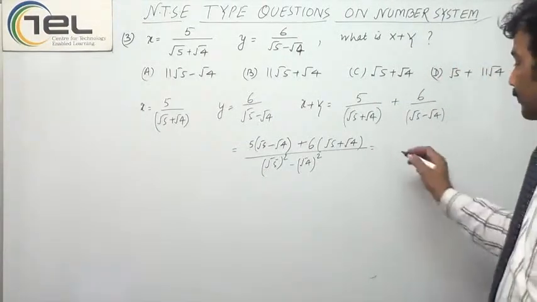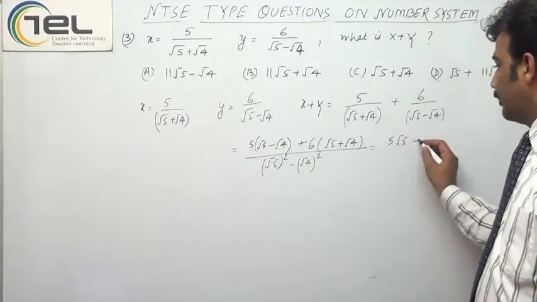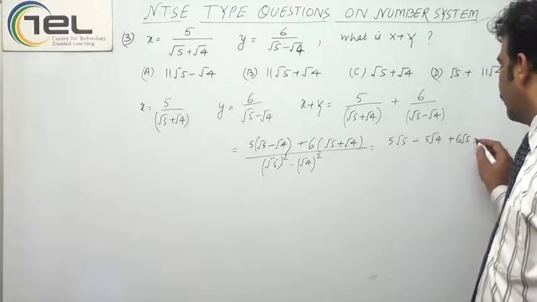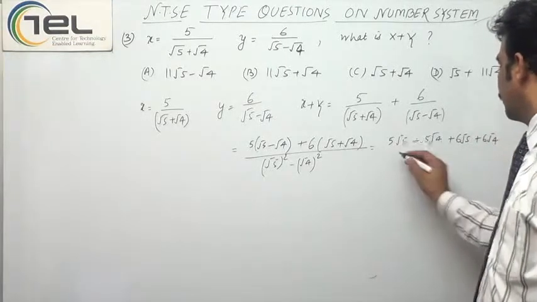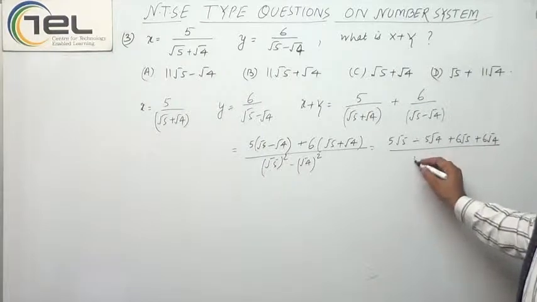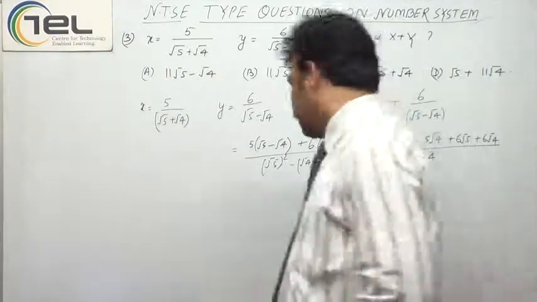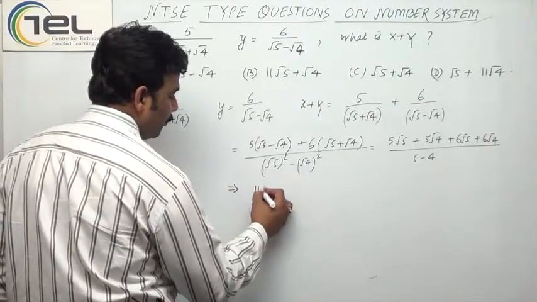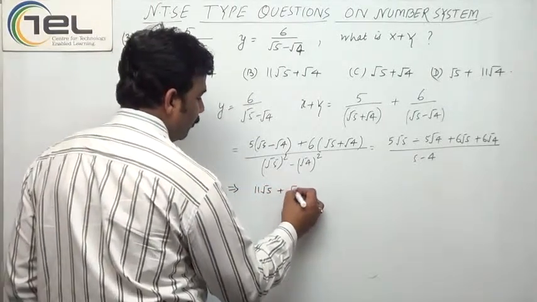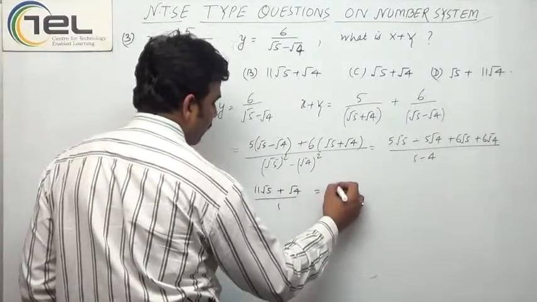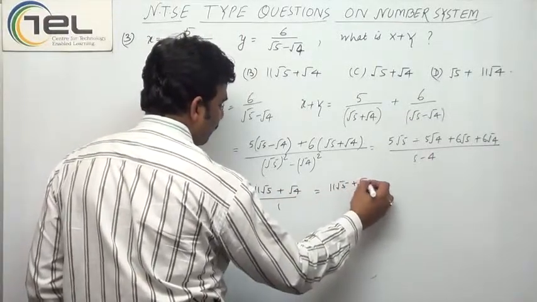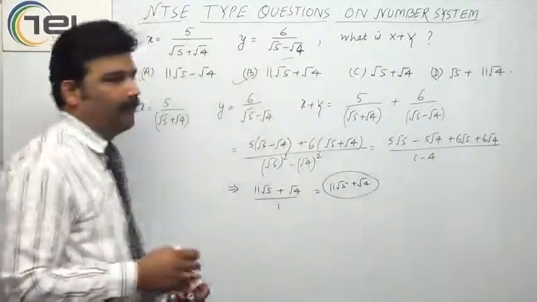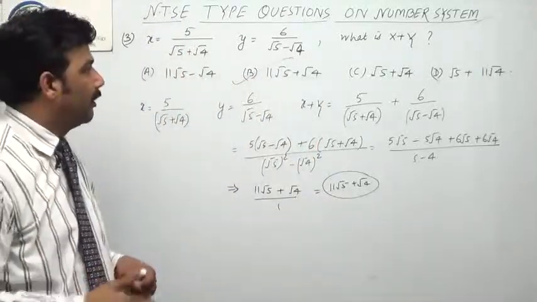So it is 5 root 5 minus 5 root 4 plus 6 root 5 plus 6 root 4 upon 5 minus 4. So we have 5 plus 6 is 11 root 5 and plus root 4 upon 1, like this. So option B is the right pick for me. Clear?